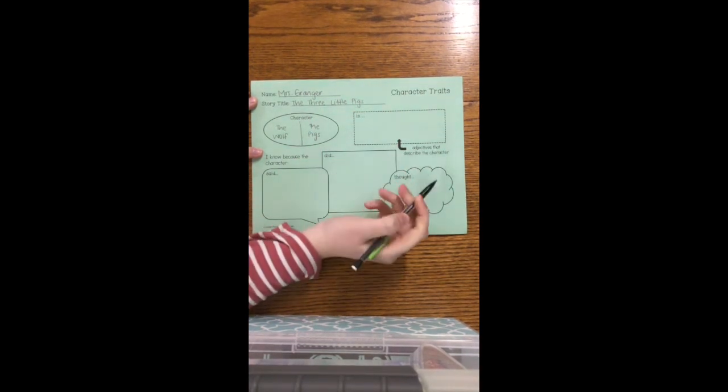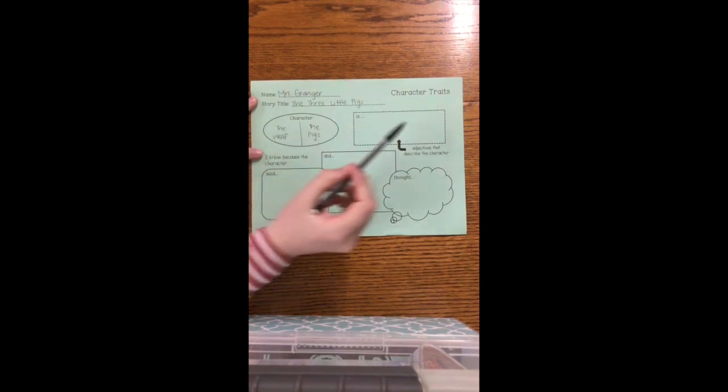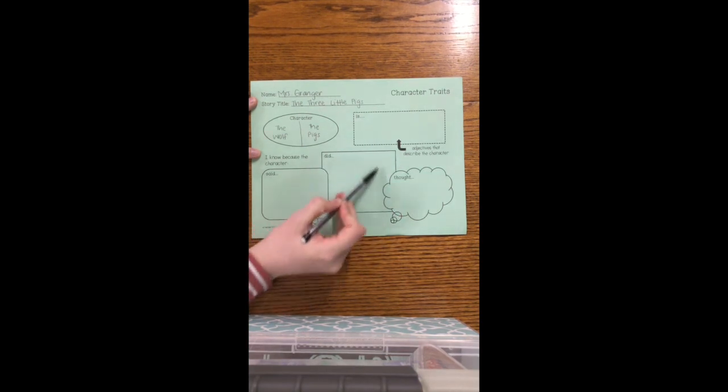And here is where you're going to write the character trait to describe the character that you picked. The last thing I showed you gave you some ideas. So if you're picking the wolf, you might say that he is mean. Well, what are some things that he did that are mean? You would put the things that he did right here in this box.